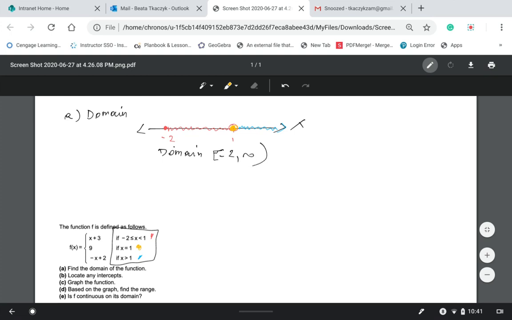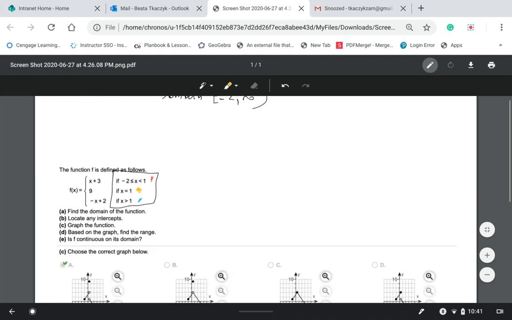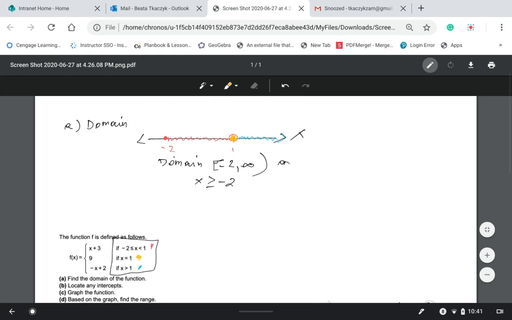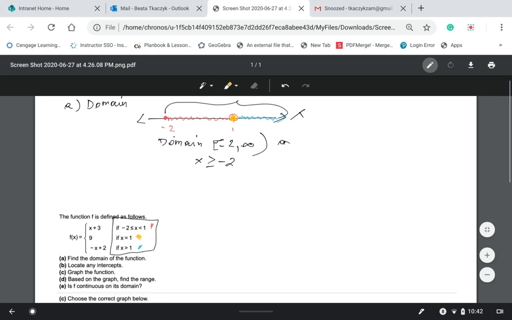Here they are not really specific about how they want you to enter the domain, or if you need to use inequality notation, that will be x is greater than or equal to -2. In interval notation, it is from -2 bracket to positive infinity. So we're combining all the pieces together, and this is the domain of the piecewise defined function. Okay.